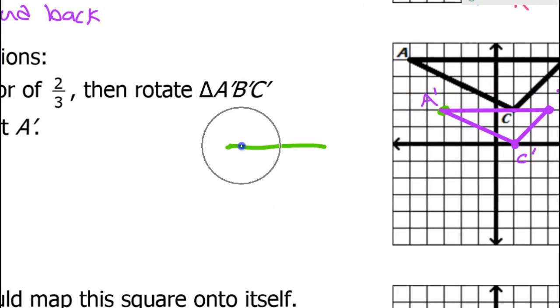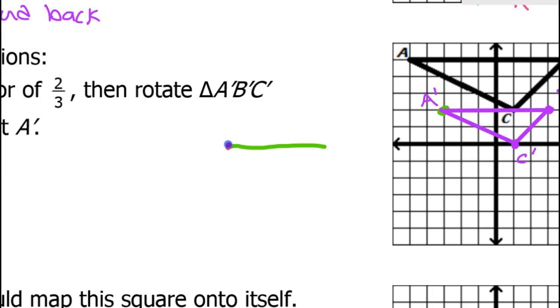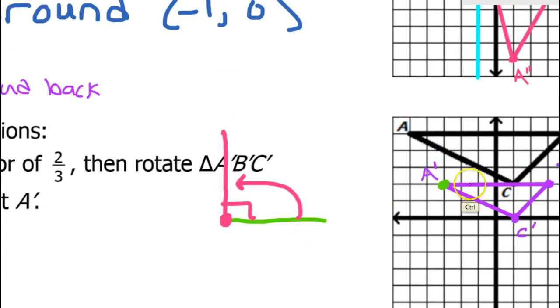Counterclockwise. All right, counterclockwise is in this direction. Like this. So this would be a 90-degree counterclockwise rotation around this point. So a horizontal line will just go vertical, because that's what 90 degrees means. So that part is going to be simple.